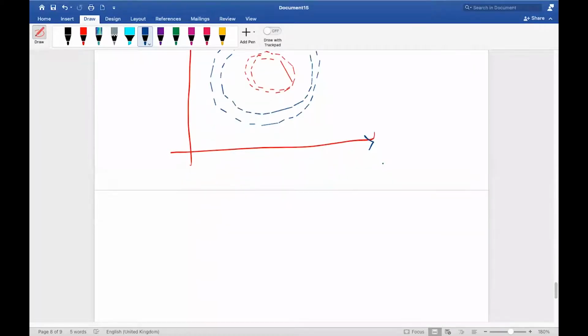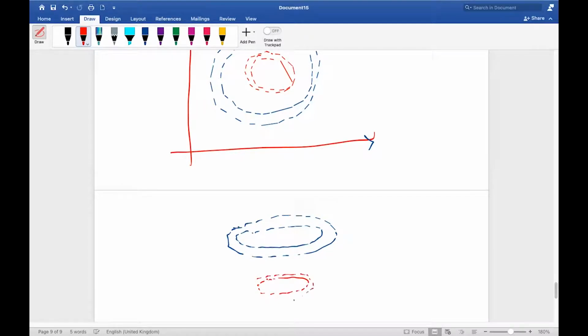Right, but if you convert it into 3D, this will look something like this. So the whole blue points will be like this and your red points will be like this.